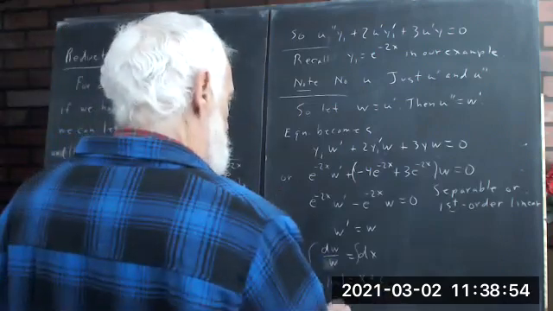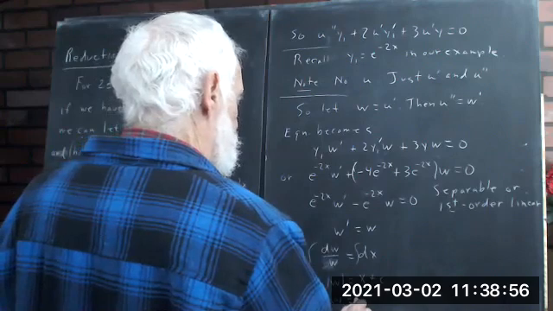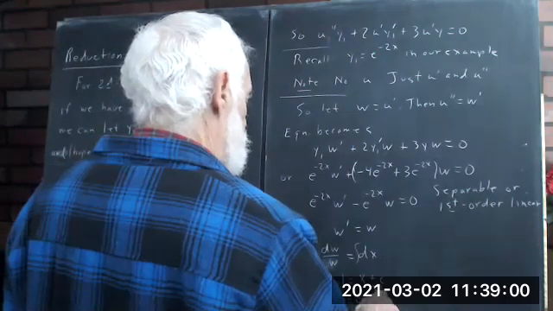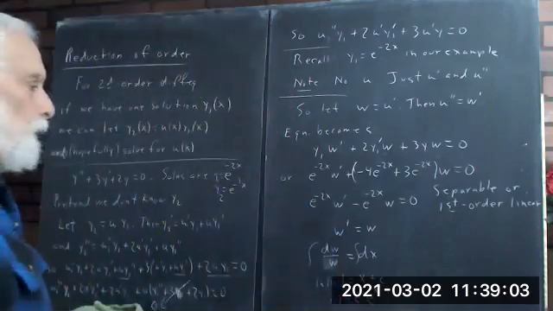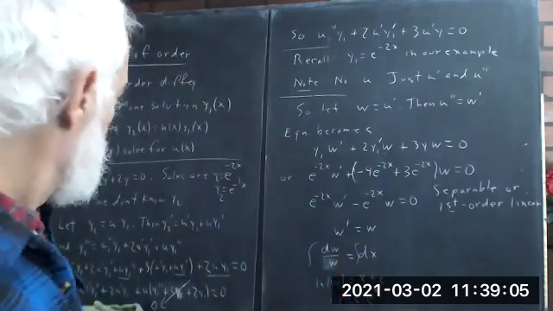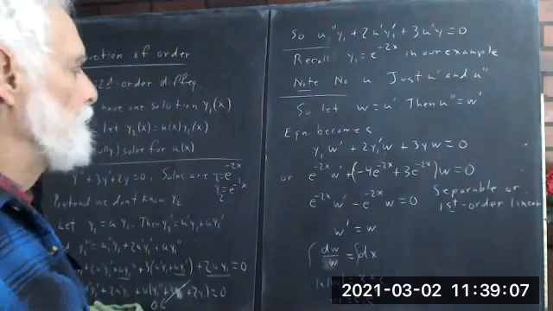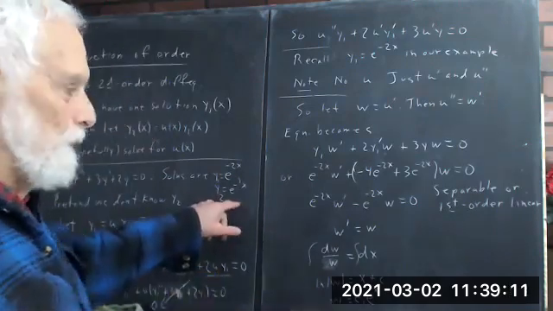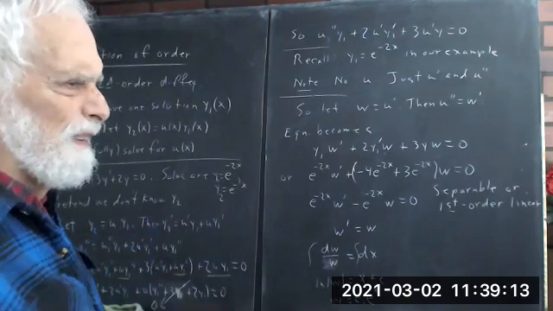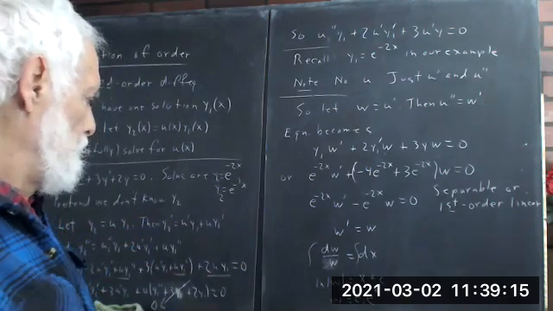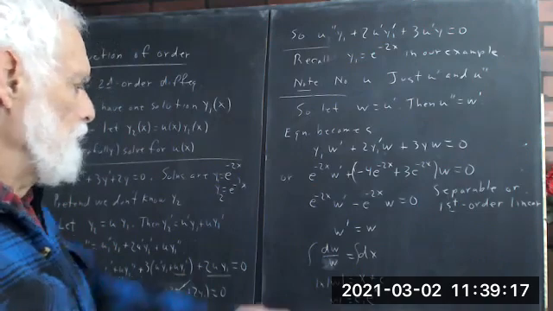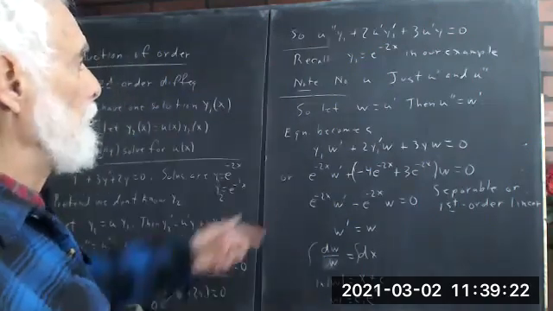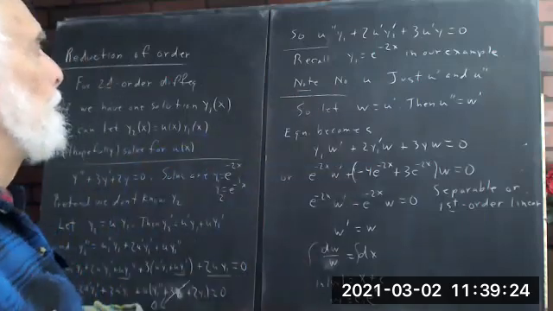So that w equals c1 e to the x, which is almost right, except we get, oh, never mind. Well, no. That's w. We've got to get y1 out of that. Remember the w prime equals y1.